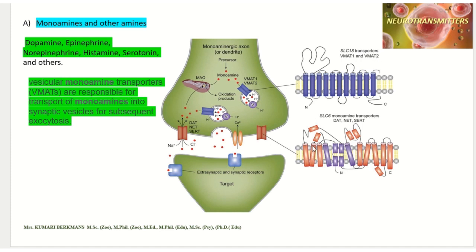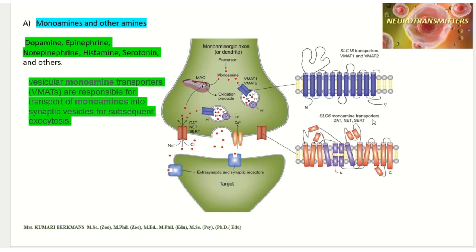If you come here, what is this? These are also monoamine transporters. They are DAT, NET, SERT. So if the question comes, what is DAT? Dopamine transporter. NET is norepinephrine transporter, and SERT is serotonin transporter. So these points you have to keep in mind. What are those points?